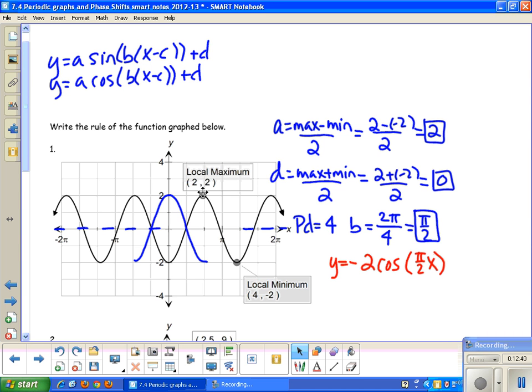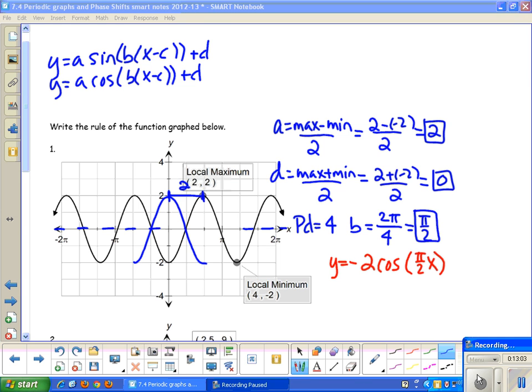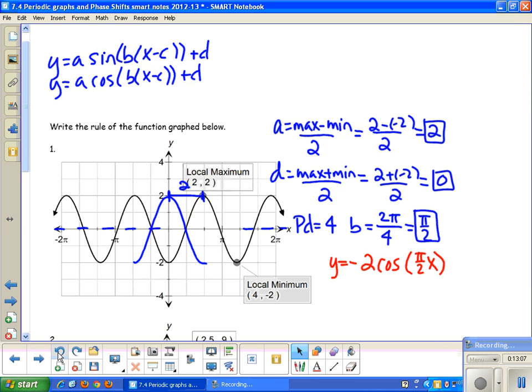In order to go from my cosine graph over to here, I'm shifting it to the right, whatever the value is from here to here. If that local maximum is at 2, 2, then the distance from here to here is your x value, which would be a distance of, in this case, 2. So I would have to move my graph to the right 2 in order to get that.